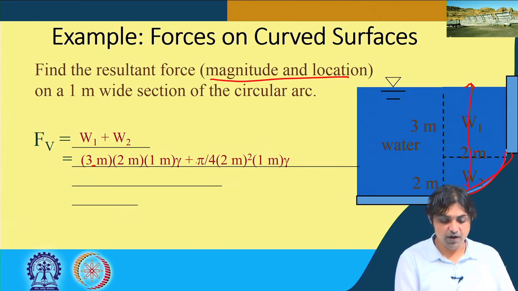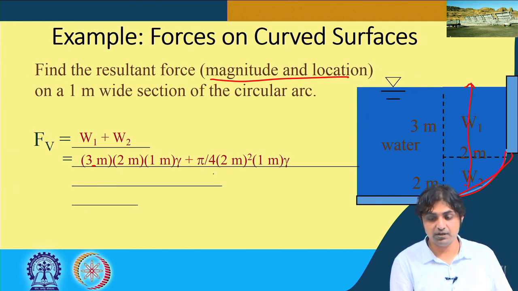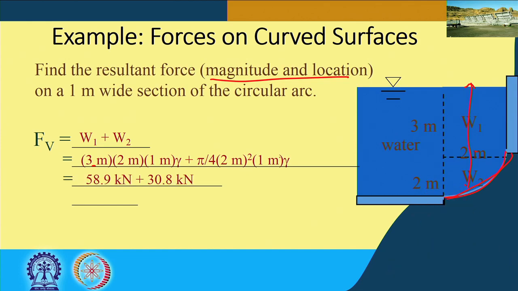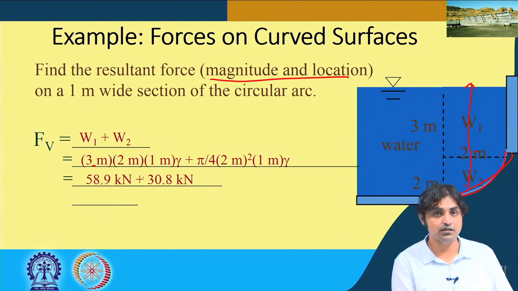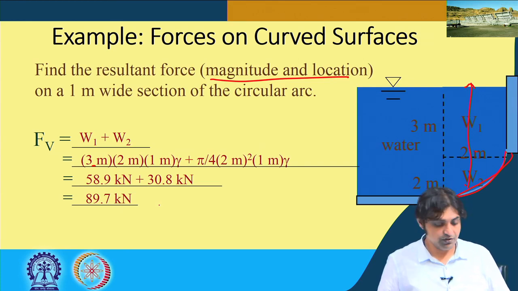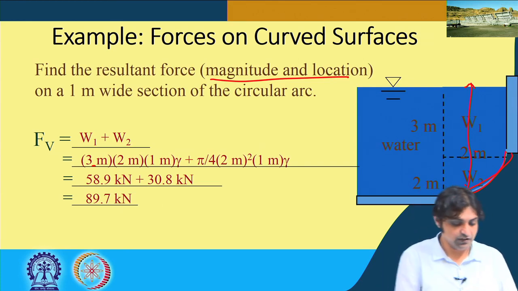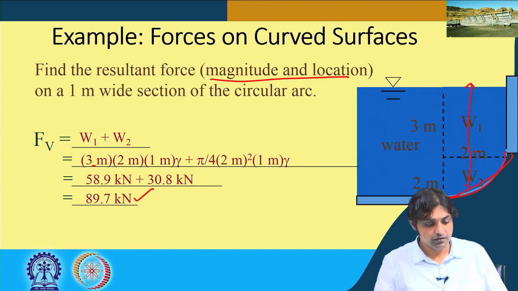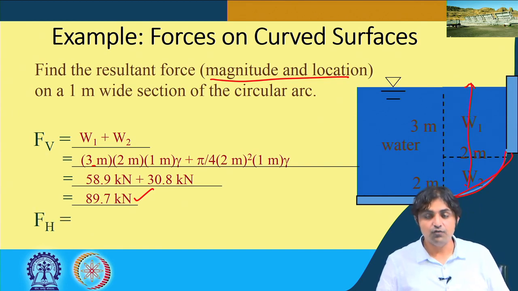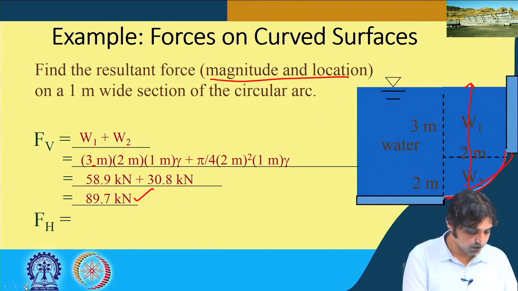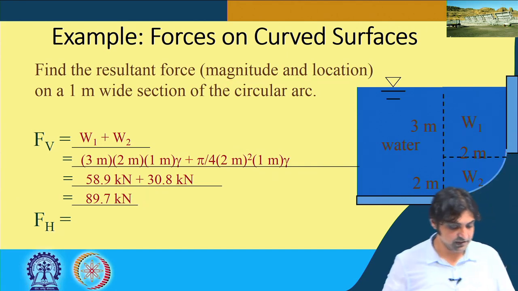This one is pi by 4 r square. So pi r square is the total area, but it is 1/4. So pi by 4 r square into 1 meter into gamma. Very simple calculation. This comes to be 58.9 kilonewton plus 30.8 kilonewton, and in total it comes to about 89.7 kilonewton. Okay, very simple.